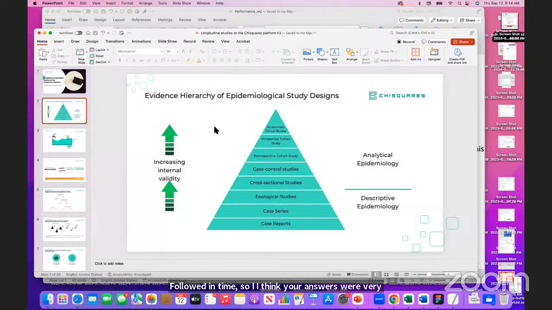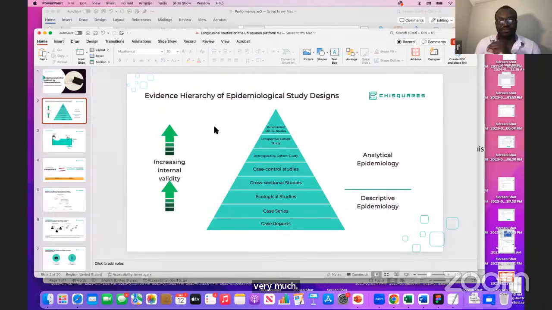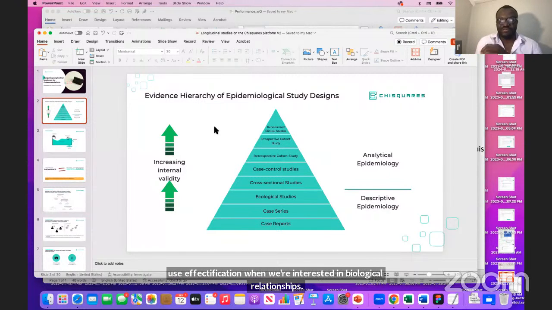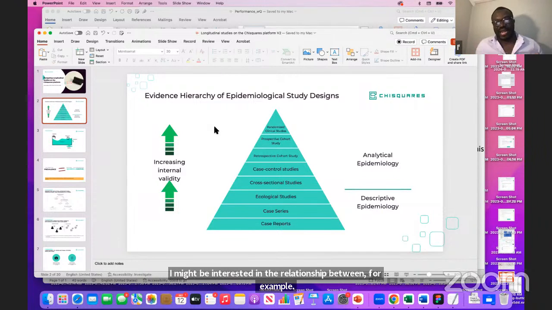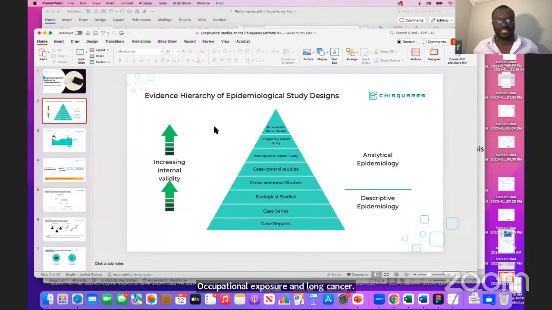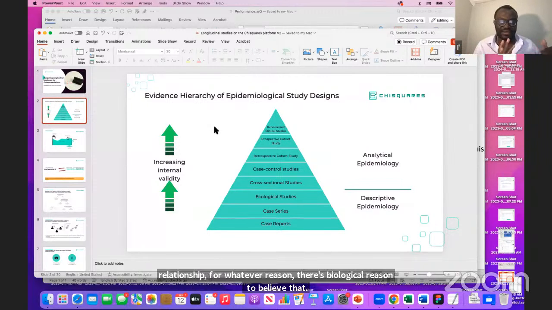Thank you very much. Another important instrument you can use is the concept of effect modification. Effect modification is simply asking, is the association between an exposure and an outcome different in this group versus that group? We use effect modification when we're interested in biological relationships. I may be interested in the relationship between, for example, occupational exposure and lung cancer, and there's a biological reason to believe this relationship is worse among older adults than younger ones.